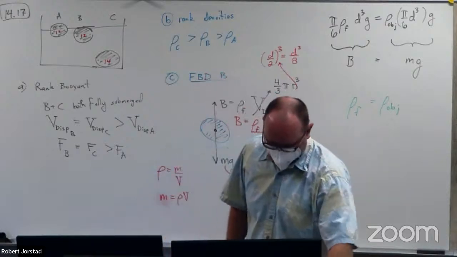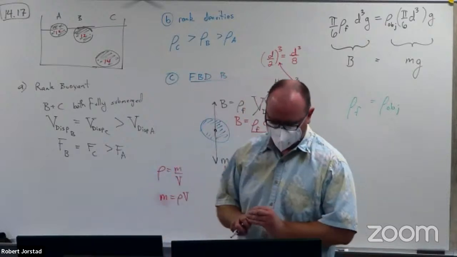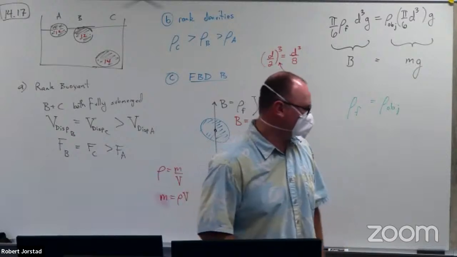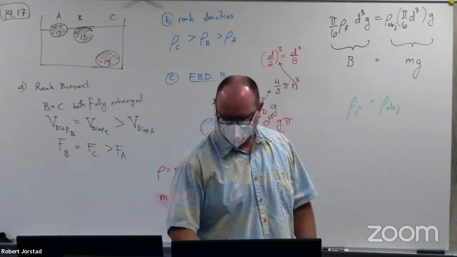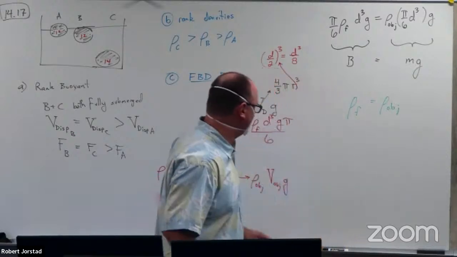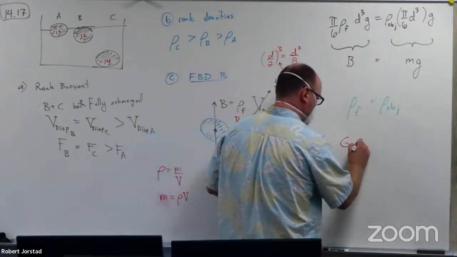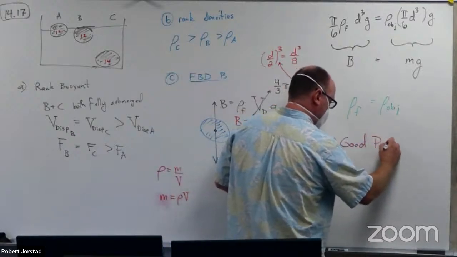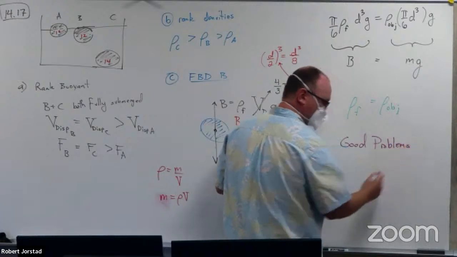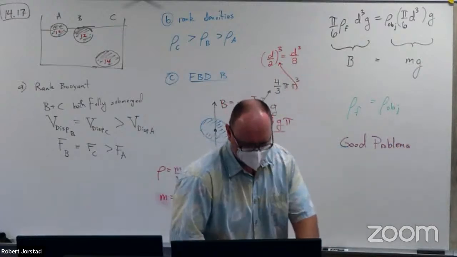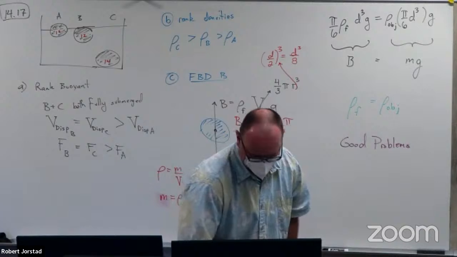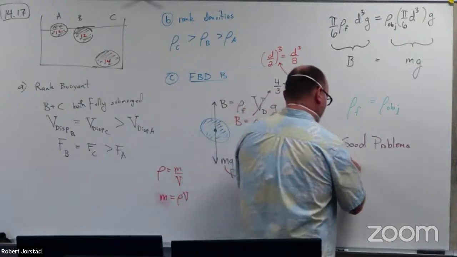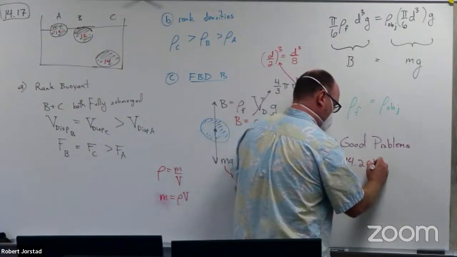So summarizing there, did you notice anything with a half pretty much is good in this chapter? So maybe we could summarize that. Good problems. Just making sure you got these on record. 14.20 and a half.